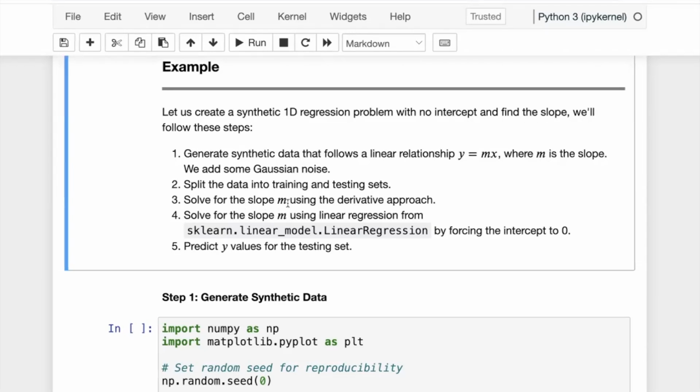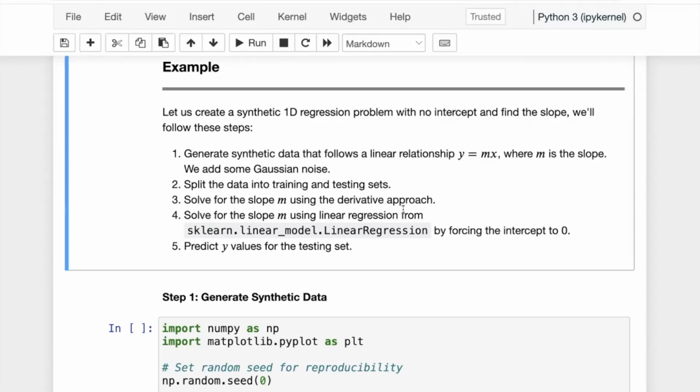One way we can find this slope m is using the derivative approach, meaning that once we find the loss function, we can find the derivative with respect to m and set that equal to 0, because here we only have one unknown during the training part, which is this m. And this is doable in this case.